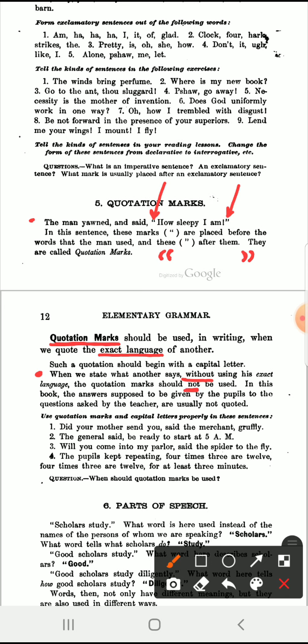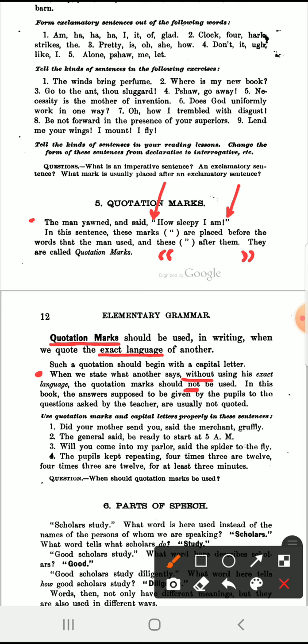So we should only use quotation marks when we're writing something that someone else said, and we're writing the exact words that the person said. If we're just telling someone what someone else said, but we're using our own words, then we should not put those words into quotation marks.